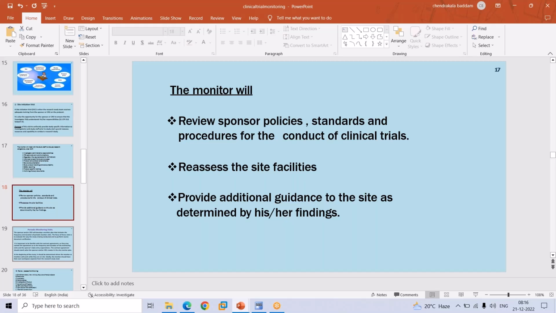So they review the policies, standards, and procedures, reassess the site facility and the resources to be sure they are enough to conduct the trial, and provide additional guidance to the site.